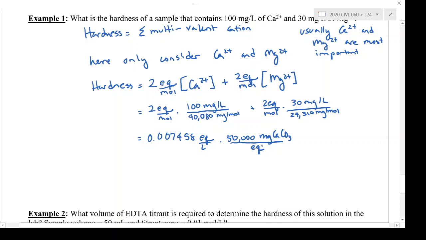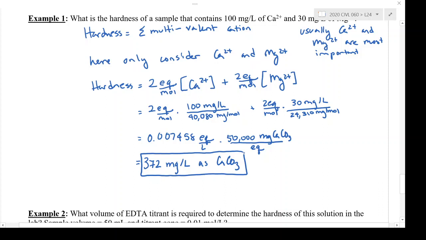So this is the equivalent weight of calcium carbonate. And then I get a result of 372 milligrams per liter as CaCO3. And that is my result.